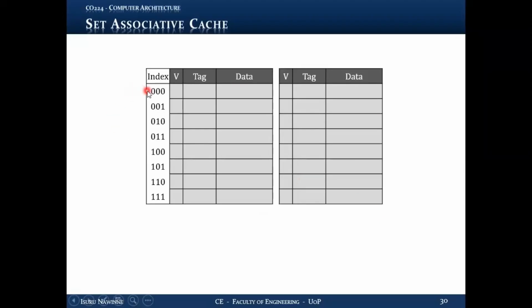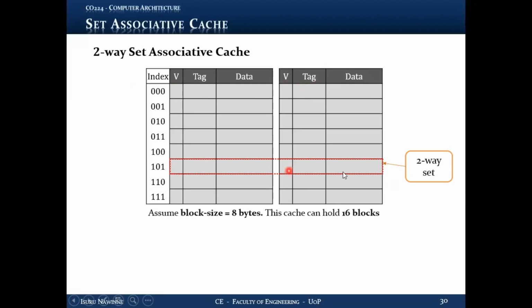So each index now refers to two different blocks, two different entries, right? So we call this a two-way set. One entry is now a two-way set, and we refer to this particular cache structure as a two-way set associative cache, right? This is not exactly direct mapped, not exactly fully associative, but somewhere in between.